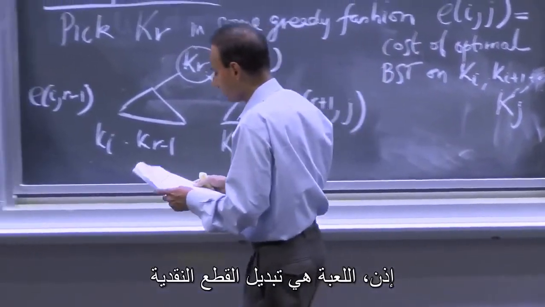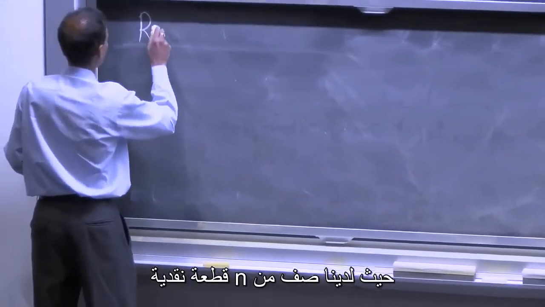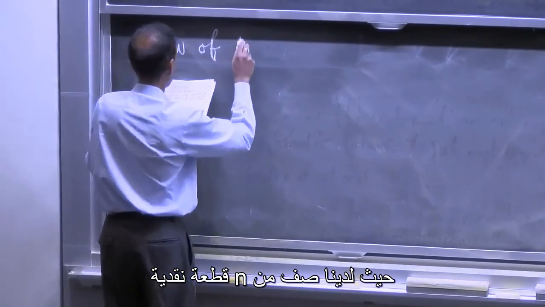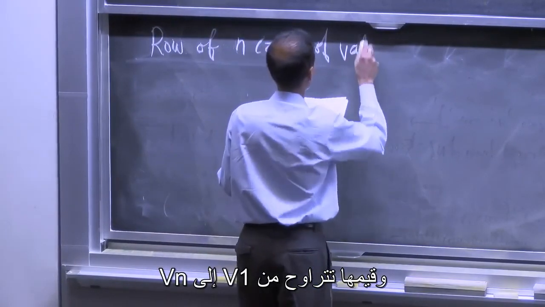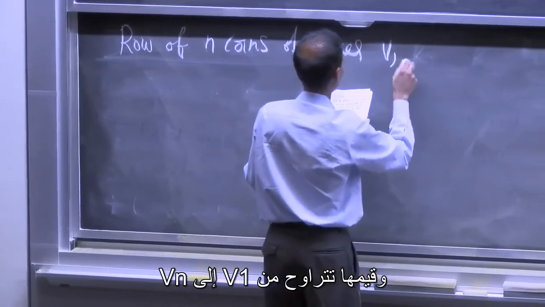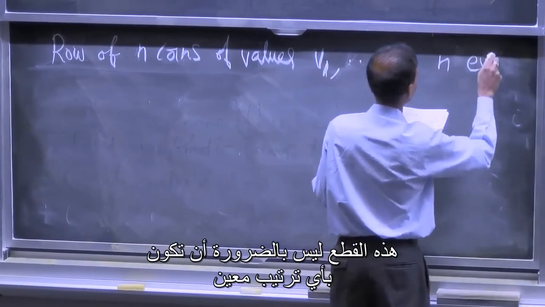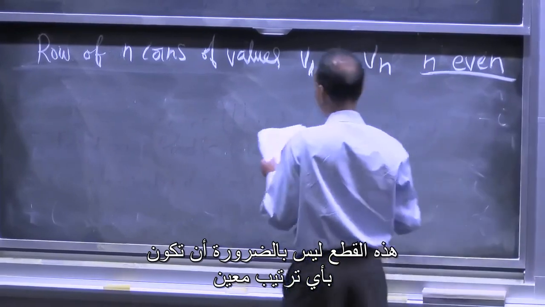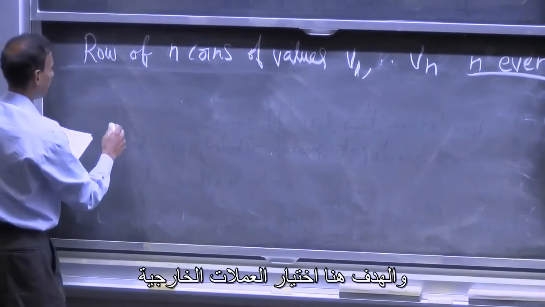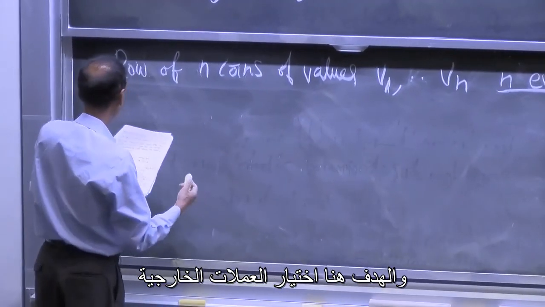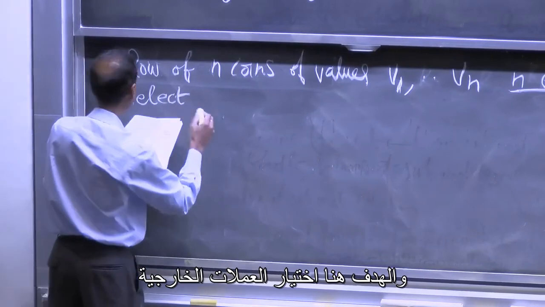Right? So the game is an alternating coins game where we have a row of n coins of values v1 through vn. These are not necessarily in any particular order. And n is even. And the goal here is to select the outer coins.